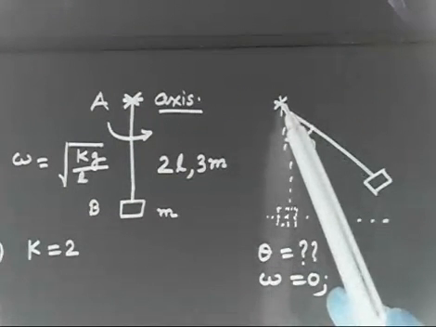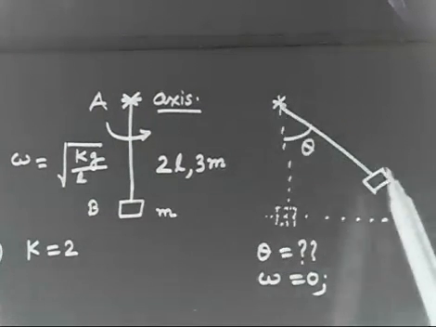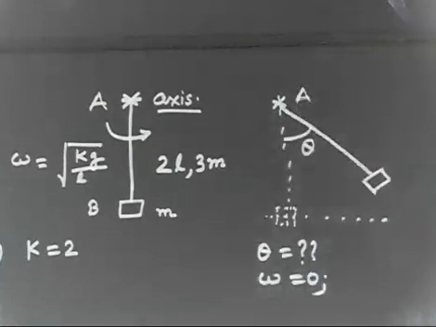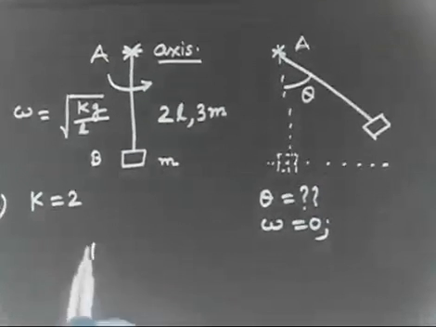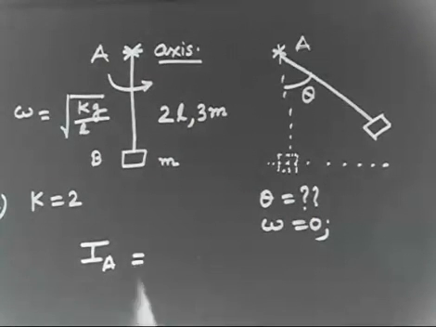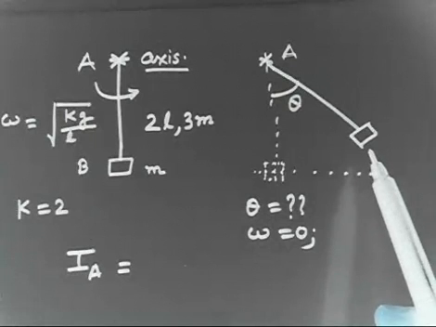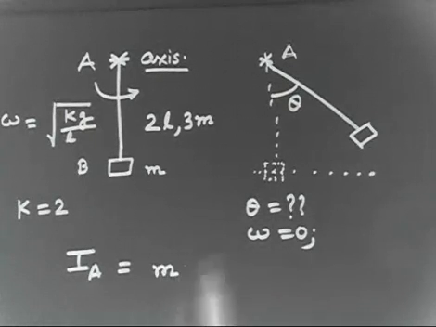So first point, let us find the moment of inertia of this rod plus mass about this axis. So let us call this A. I want to find what is the moment of inertia of the system about A. Please keep writing. For this mass I will have m, and what is the length?